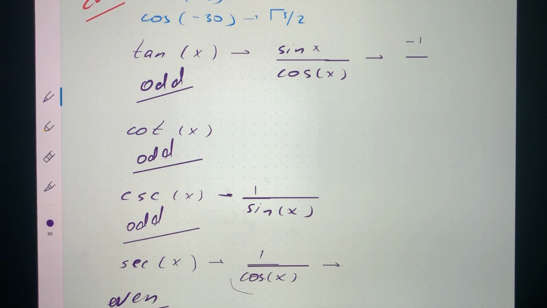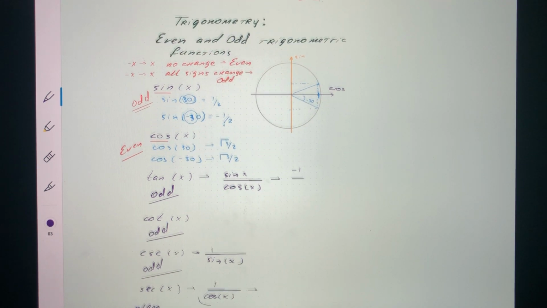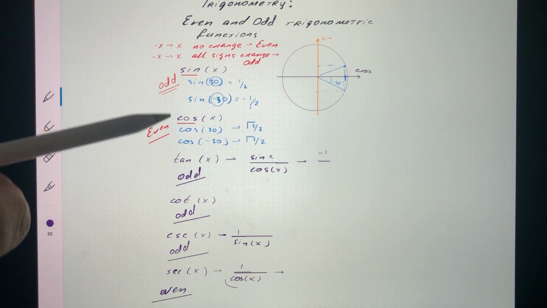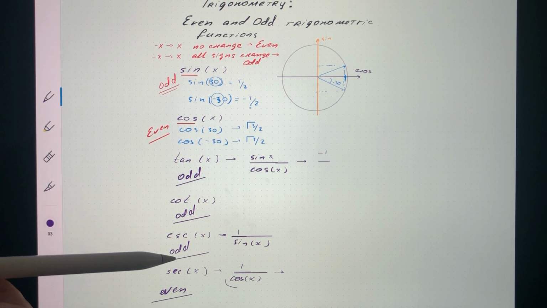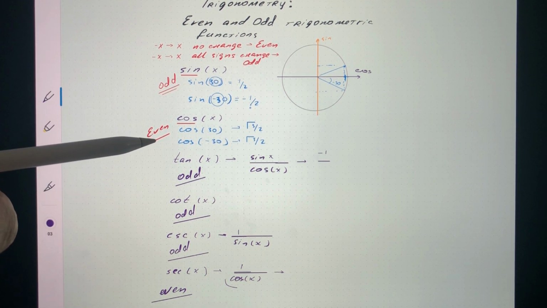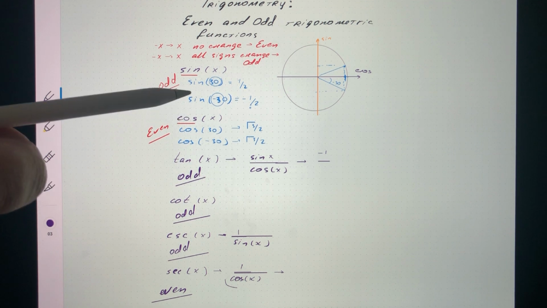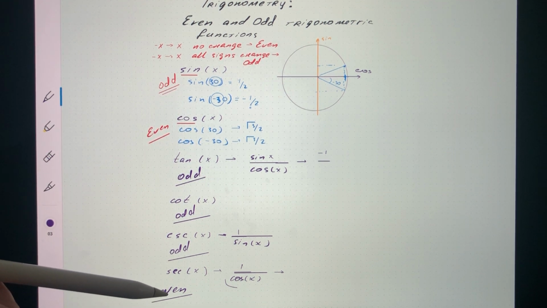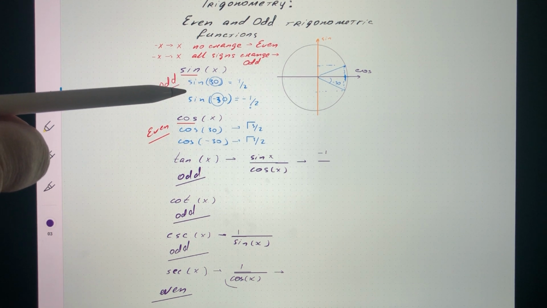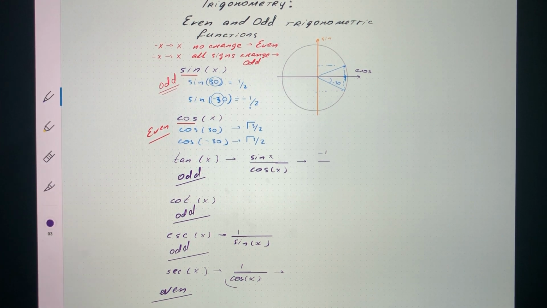These are our 6 trigonometric functions, and most of them are going to be odd. 1, 2, 3, 4 of them are odd, and 2 of them are even. The only ones that are even are the ones that only have cosine in them and nothing else. As soon as we add the sine, which is odd, then the signs will flip and we will get an odd function. So that's the even and odd functions in trigonometry.